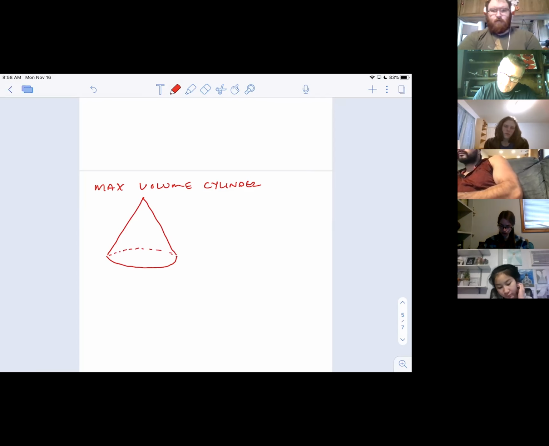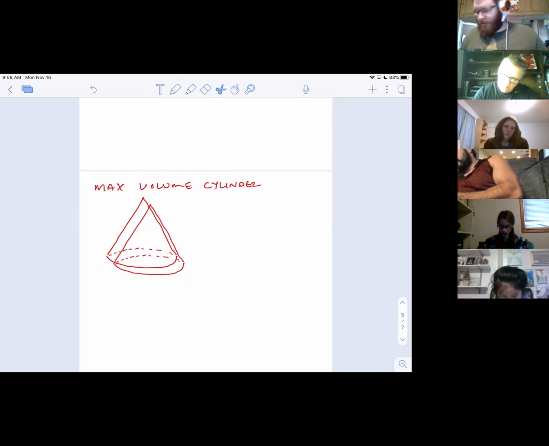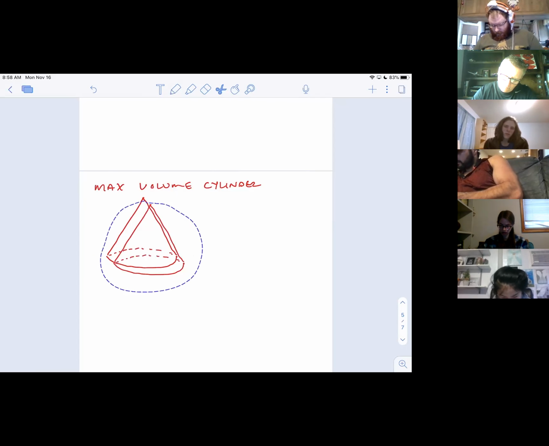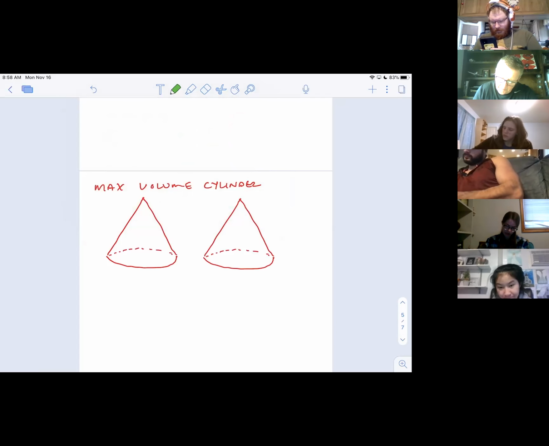So what that means is you could have a cylinder that was, what if you said, well, I need a big cylinder. Let's have a nice big cylinder. So there's the bottom of the cylinder, but notice because you made it so wide, it hits the top right there.